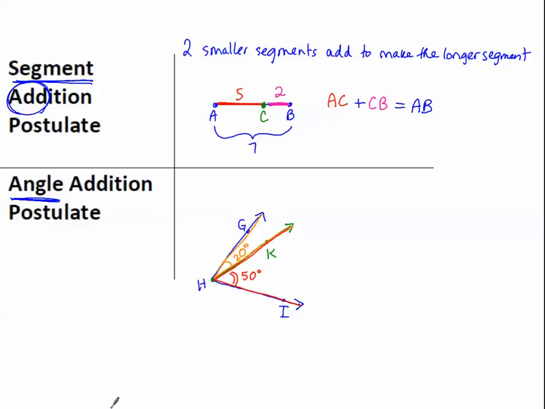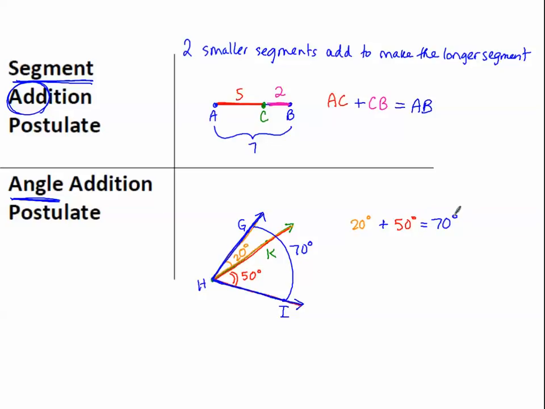And we put them together to make this larger angle, GHI, and we can do that because they are adjacent. And together, how much do they make? 70 degrees. How do we know that? Because that little angle, 20 degrees, plus the angle next to it, 50 degrees. Together they make the bigger angle of 70 degrees.